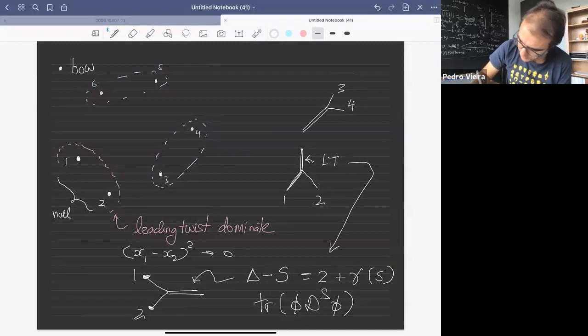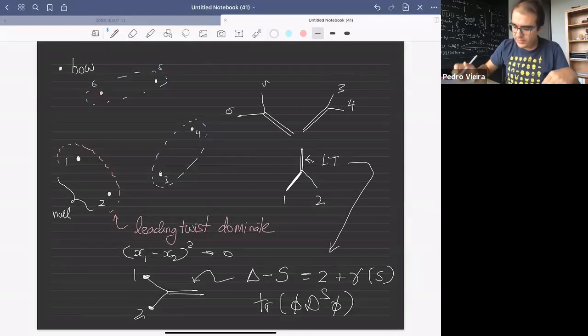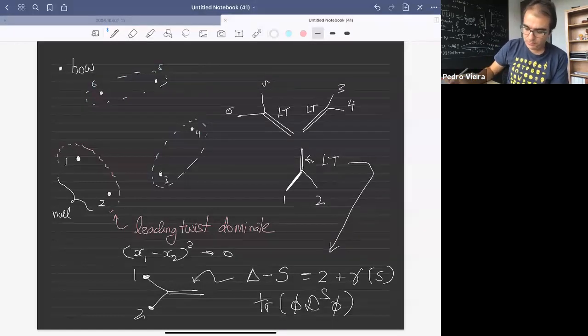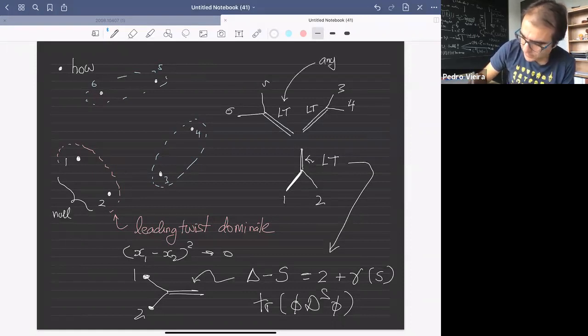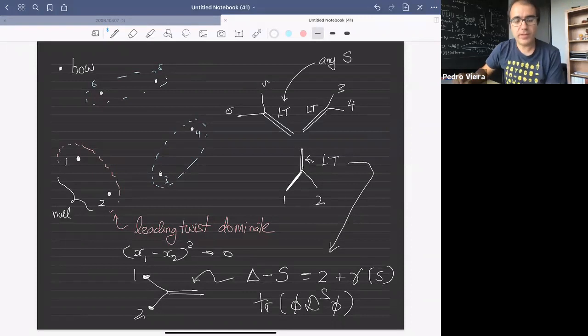Let me use this double line for leading twist and single line for the scalars. And then I have 5 and 6 that when they fuse, they give leading twist. So I obtain 3 leading twist operators when I take these points to be null. So here, at this stage, we have leading twist and any spin, S.